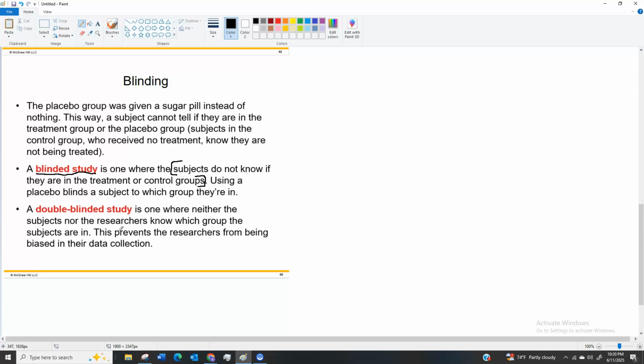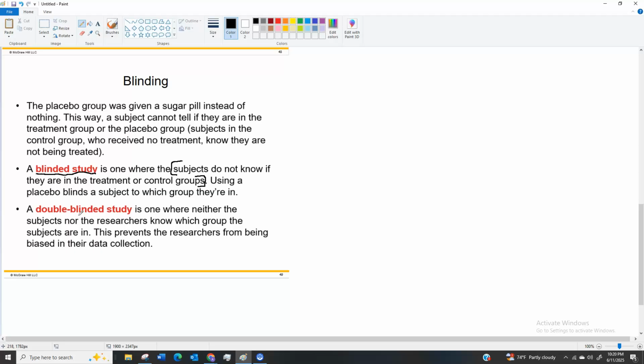A study should always be blinded whenever possible. If they're not blinded, then you're going to have even worse versions of the results we were talking about, because if the subjects know what treatment they're getting, that's going to affect the outcome. So in a blinded study, the subjects do not know if they're in the treatment or the control group.